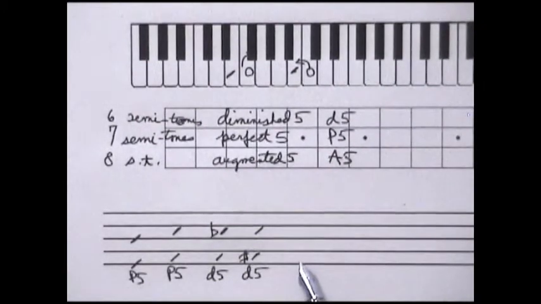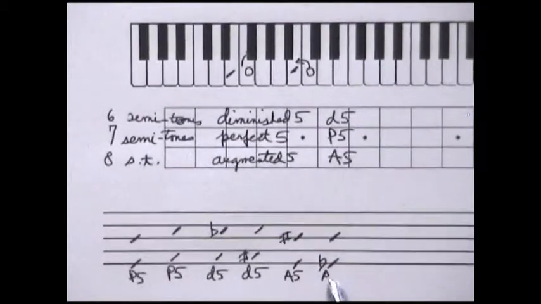For example, if I had the E to B perfect fifth, and I enlarge the interval by either taking the upper note, sharpening it, or taking the lower note and flattening it, then I would have an augmented fifth with 8 semitones.